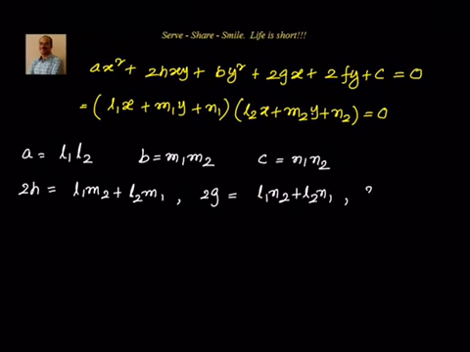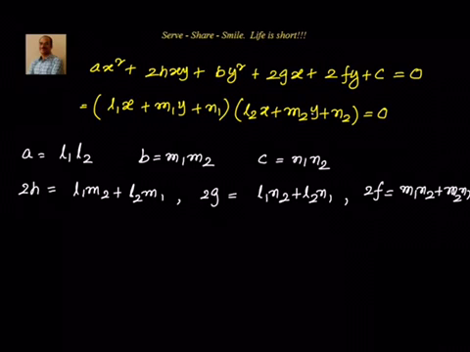Similarly, 2f, the y term coefficient, is given by M1 N2 plus M2 N1. What we did is simply compare the coefficients. We expanded this and compared the coefficients of x square, xy, y square, x and y terms, and we have written the corresponding coefficients. This is the relation between A, B, C, H, G, F with respect to L's, M's and N's.